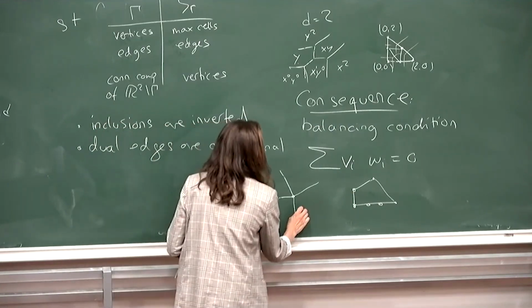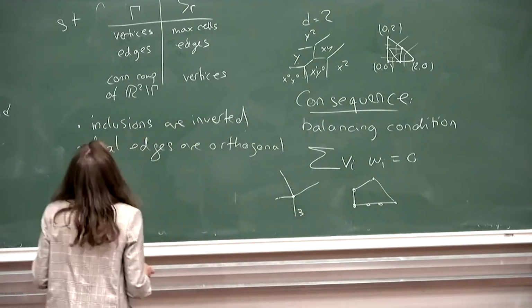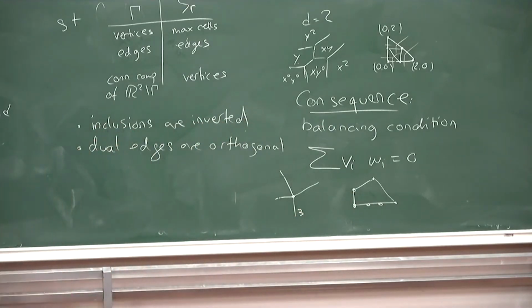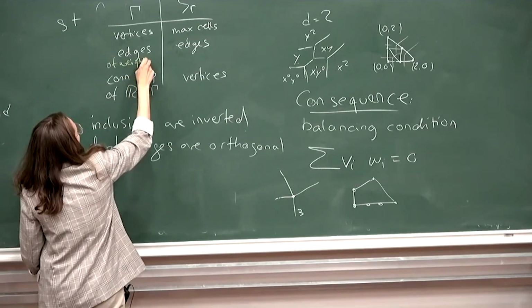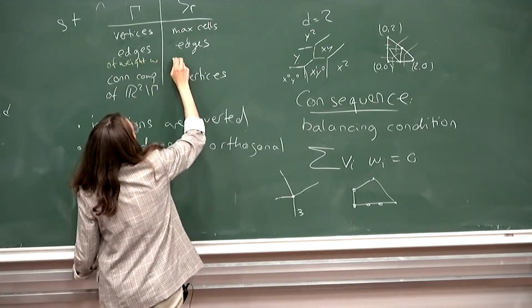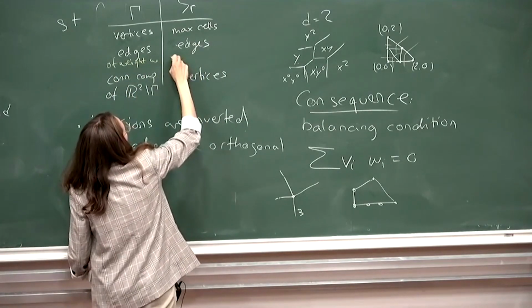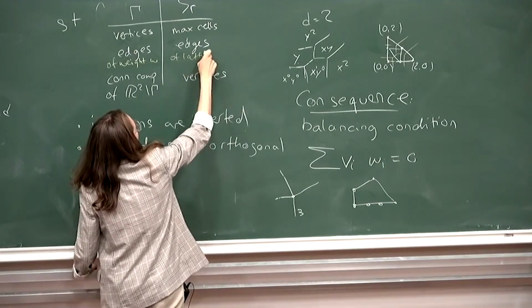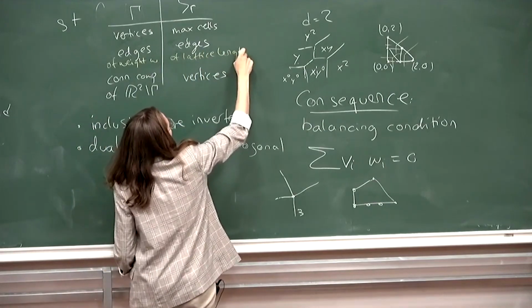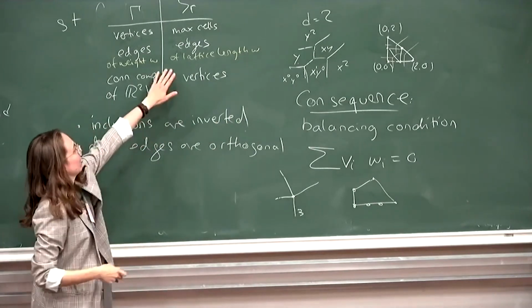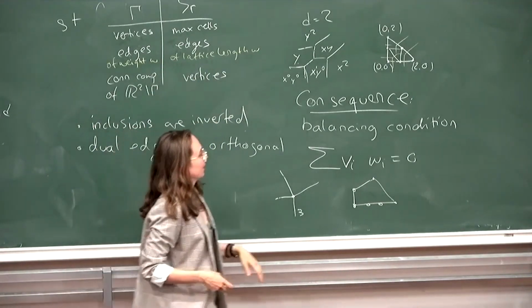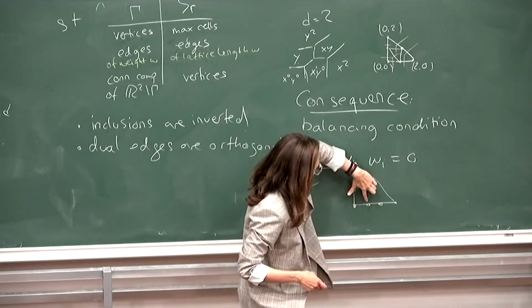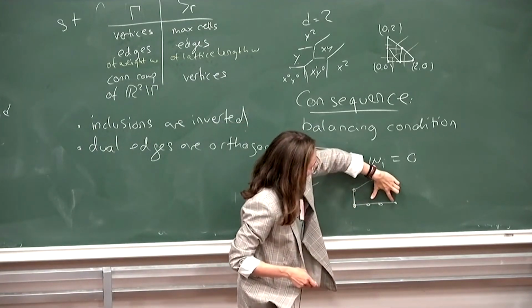So here we have weight 3. I should have said that edges of weight W correspond to edges in the dual subdivision of lattice length W. So this is also a way you could define your weight. So what do I mean by lattice length? It's really the number of lattice points on your edge minus 1.